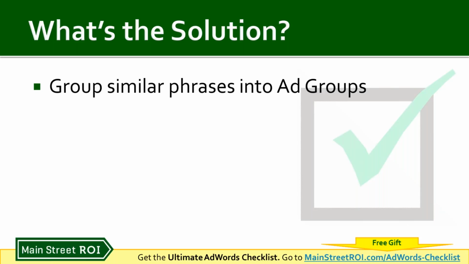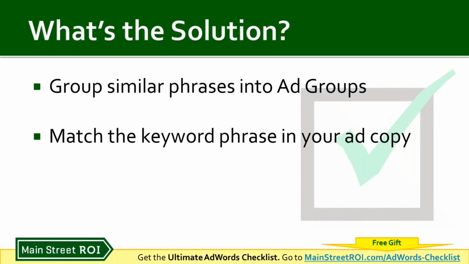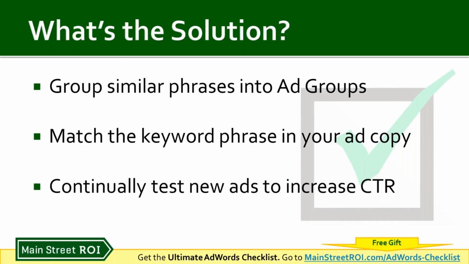So if you might have a list of 100 keywords, you want to comb through that list and match up the keywords that are similar phrases. And then those are going to go in their own ad groups. And then you simply match that keyword phrase in your ad copy.